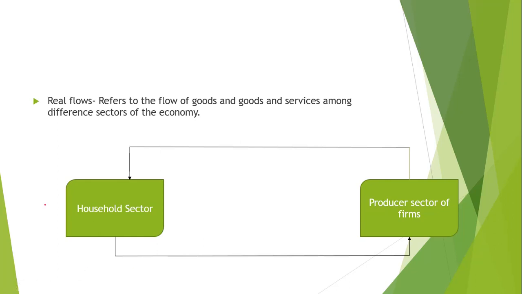Then we have real flows. What are real flows? That means the flow of goods and services among different sectors of an economy. Suppose, as I told you, we buy goods and services from the producer sector. We also help the producer sector to make these goods and services.